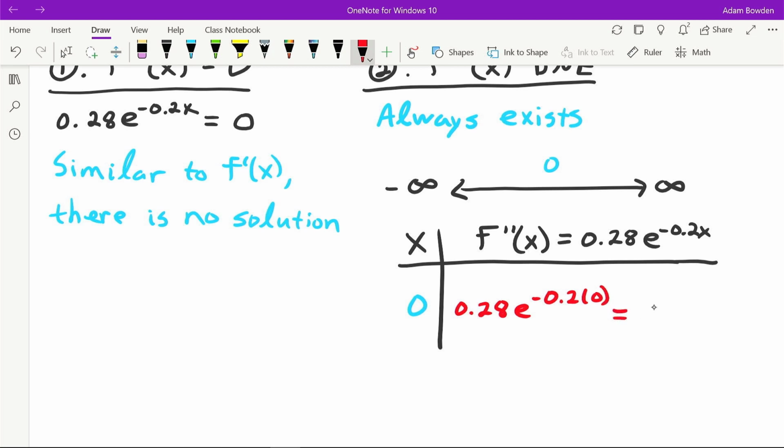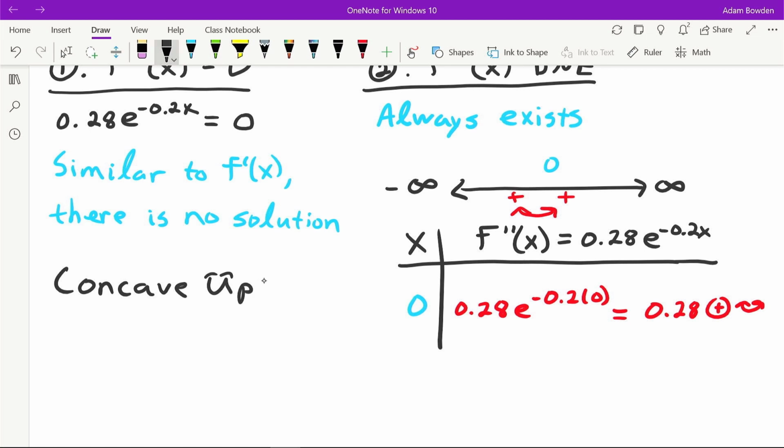That came out to be just a positive 0.28. Being that it's positive, we know it'll be concave up. So that means this thing is concave up basically across the entire span of the real number line. It's always concave up.